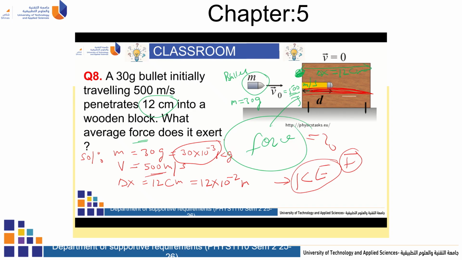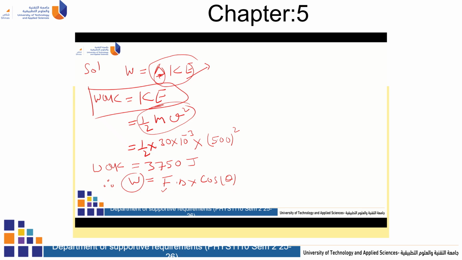So what I will do: I have the value of the work or the value of the kinetic energy, this number. I keep it at the place of the work.